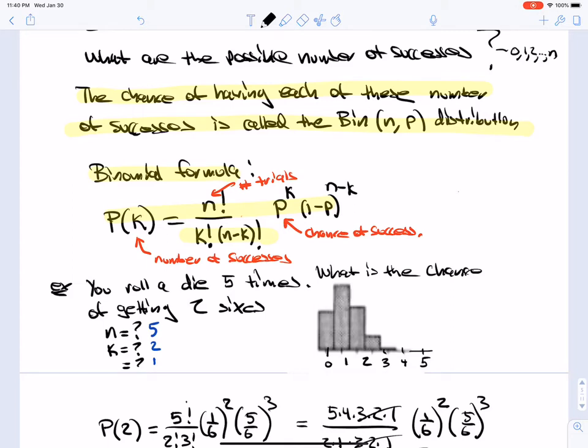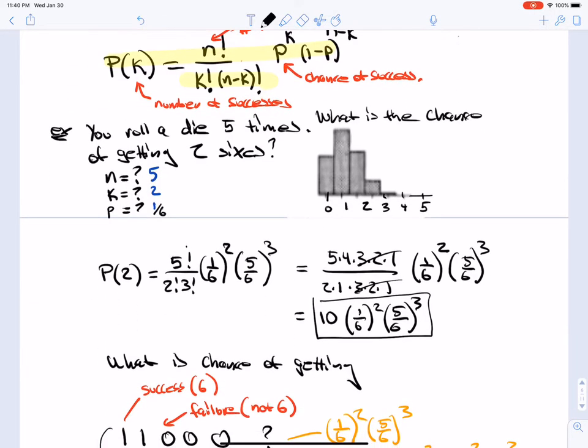And so, for example, you roll a die 5 times. What's the chance of getting 2 6s? Here n is 5, k is 2, and p is 1/6, and I've shown the histogram on the right here.